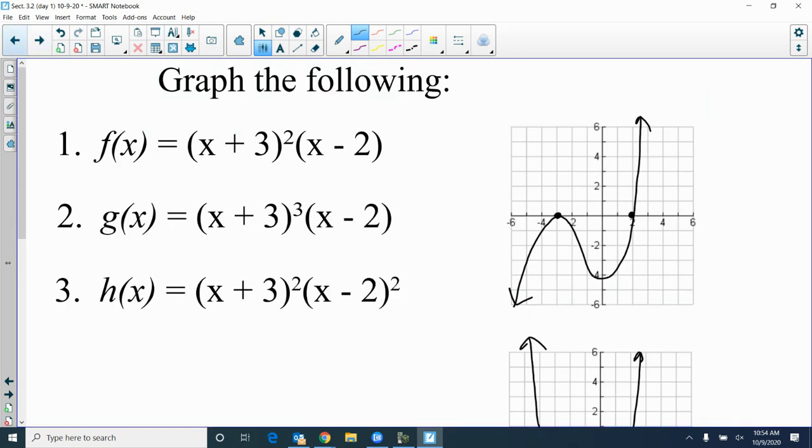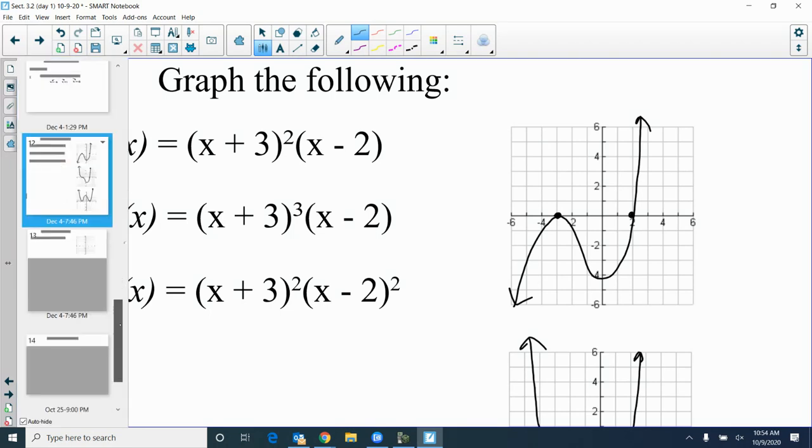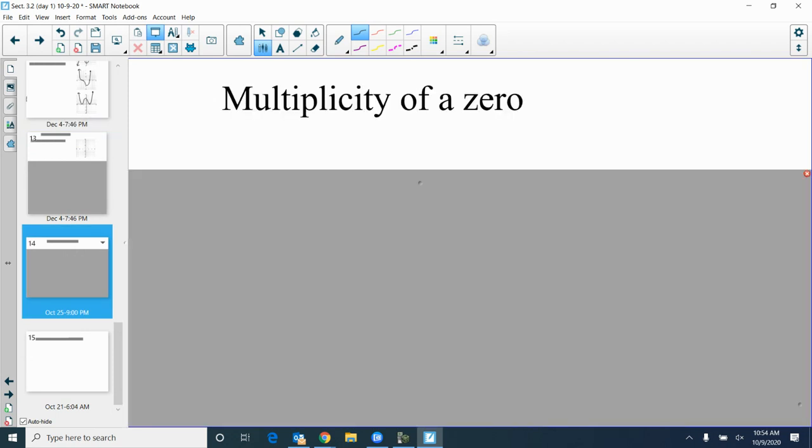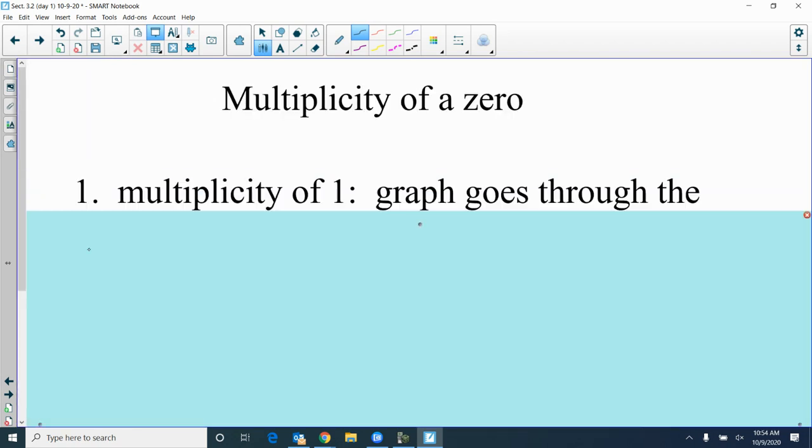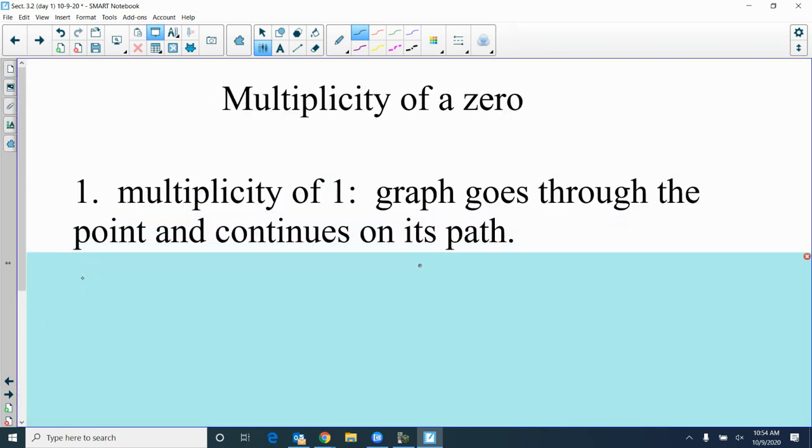Hold on here. What do you got below there? Don't you have something that talks about multiplicity of the zero? All right, where is that at? So multiplicity of 1: the graph goes through the point, continues on its path.